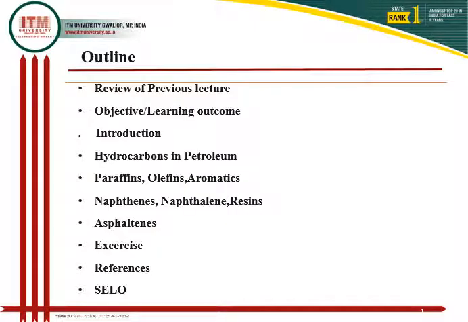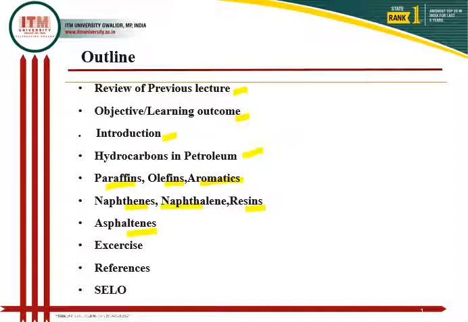The outline of the presentation: the review of the previous lecture; the objective or learning outcome of this lecture; the introduction, the various hydrocarbons present in the petroleum or crude oil. We should discuss in detail paraffins, olefins, aromatics, naphthenes, the difference between naphthenes and naphthalenes, resins, and asphaltenes.